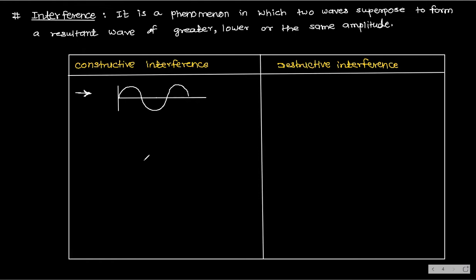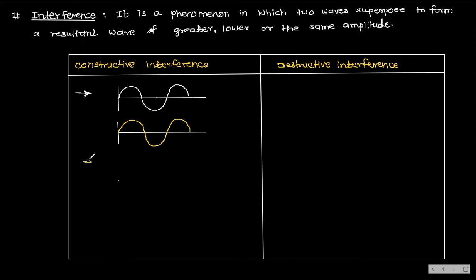Now see, you will understand here clearly. This is another wave, which I am drawing with yellow color. You can see here like this.